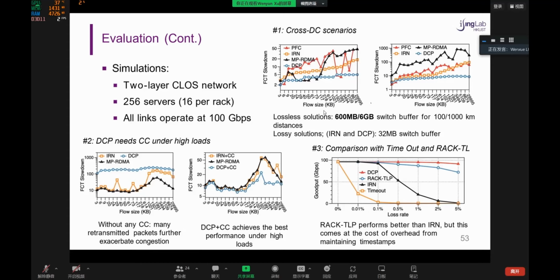UB consists of two parts: the scale up part and the scale out part. Its scale out part is very similar to UEC. So I think UB's scale out part, UEC, and DCP all work in the same direction. So I think DCP can be part of UB.